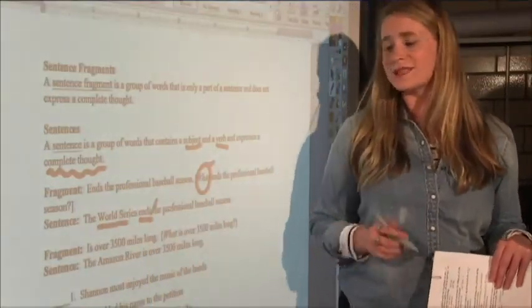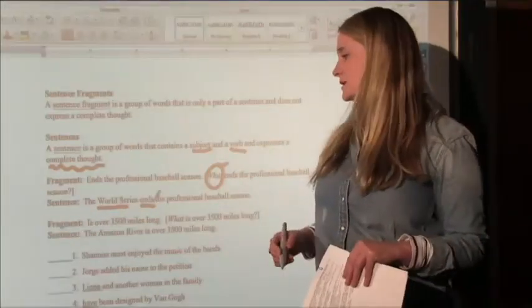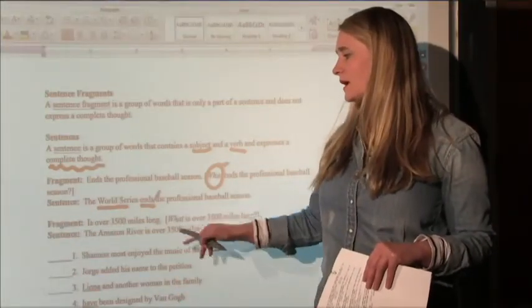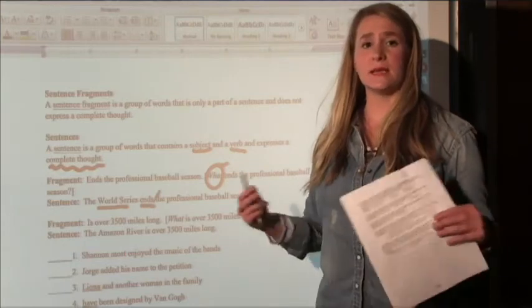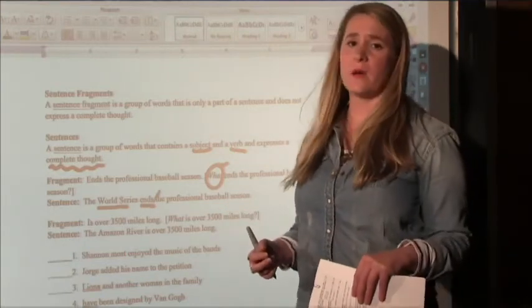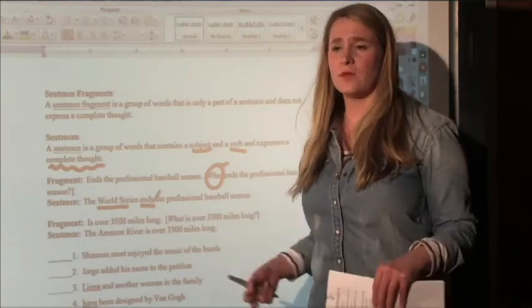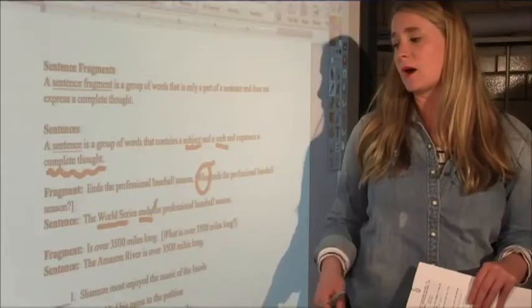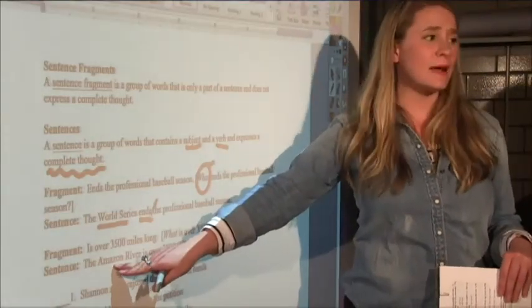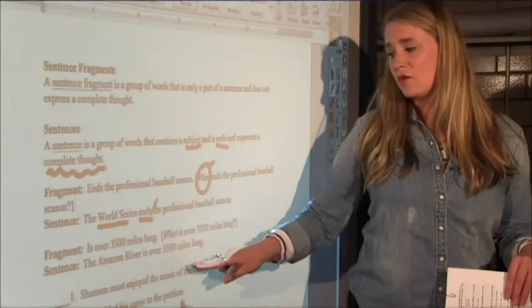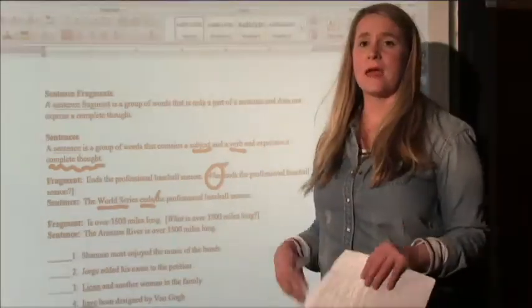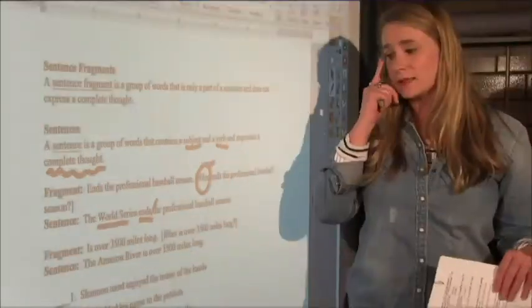The World Series ends the professional baseball season. Another fragment here is just, is 3,500 miles long. If someone came in the room and said that, you wouldn't know what they were talking about. But we add a subject, the Amazon River is over 3,500 miles long, and now it expresses a complete thought.